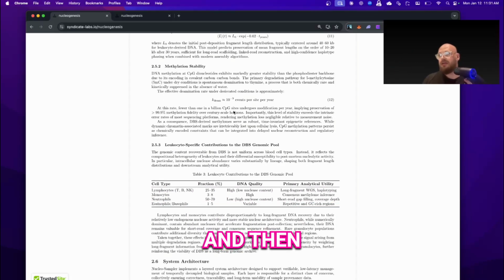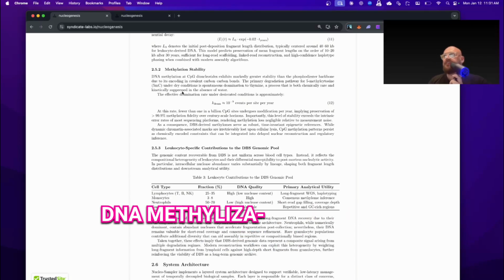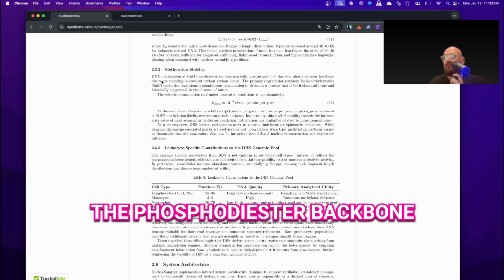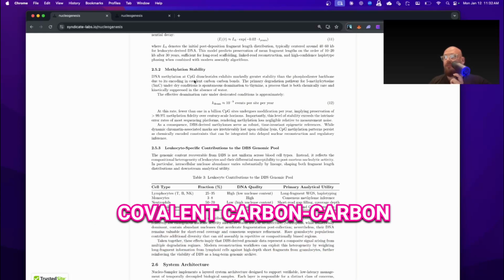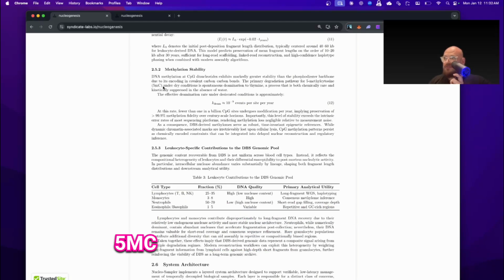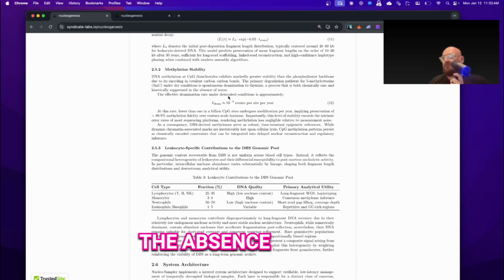Now it wants to talk about methylation stability. DNA methylation exhibits markedly greater stability than the phosphodiester backbone due to its encoding in covalent carbon-carbon bonds. The primary degradation pathway for 5mC under dry conditions is spontaneous deamination, a process that is both chemically rare and kinetically suppressed in the absence of water.